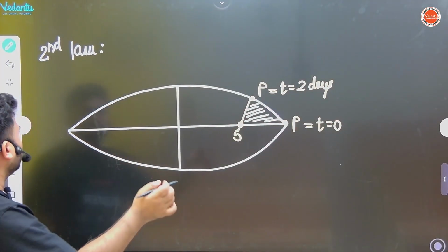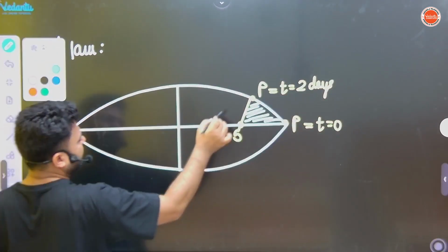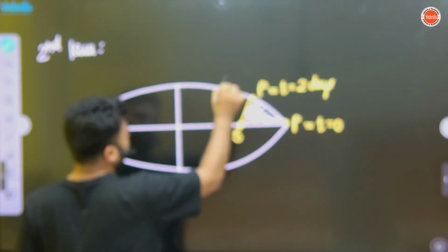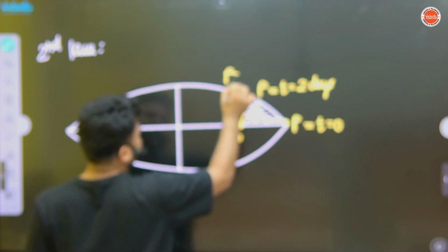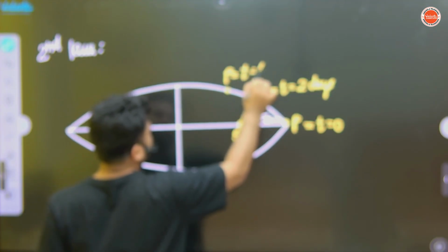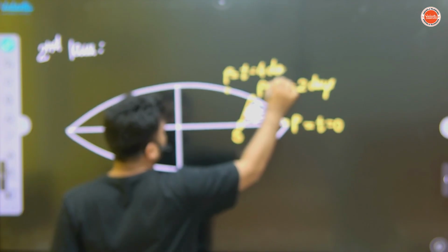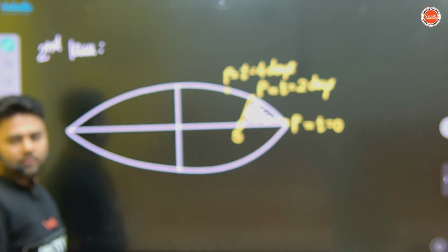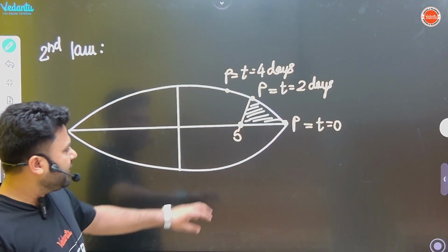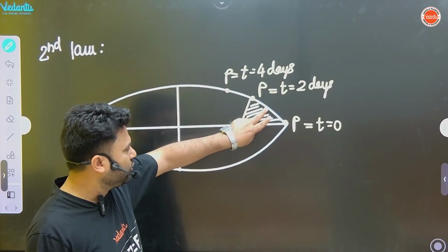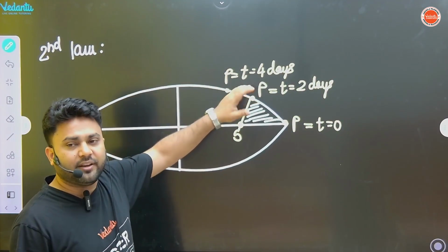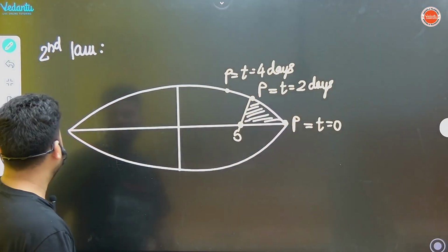Now again after 2 days, the planet will move further. Suppose here, this is at t equal to 4 days. So what the second law says is that whatever area it has covered in 2 days, the same area it will cover in the next 2 days. Same area.